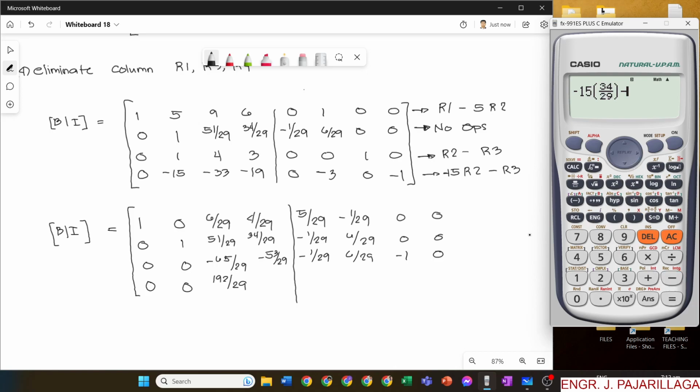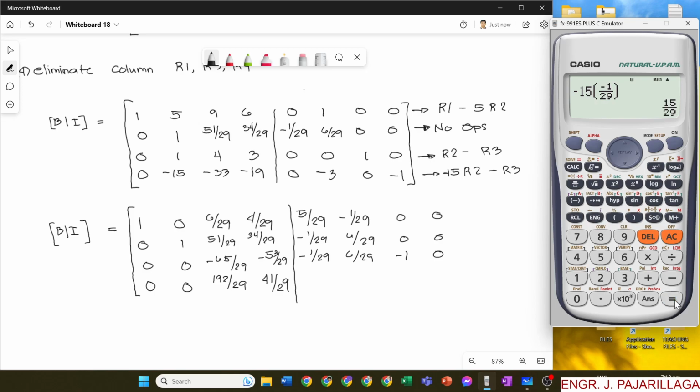So, minus ulit ng row 3. Ano yung row 3 natin? Negative 19. Negative 15. So, this is 41 over 29. And then we have 15. Negative 15 multiplied with negative 1 over 29. Minus row 3, that is 0. So, 0 yon. So, this will become 15 over 29 positive.